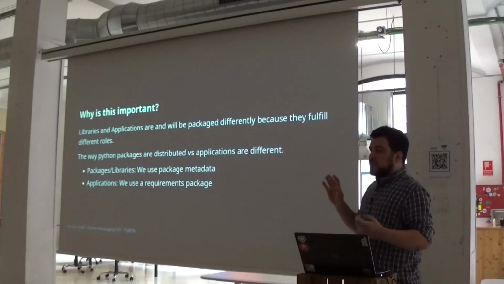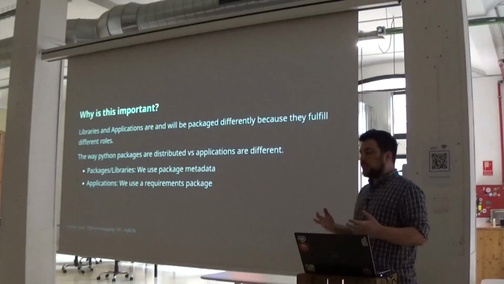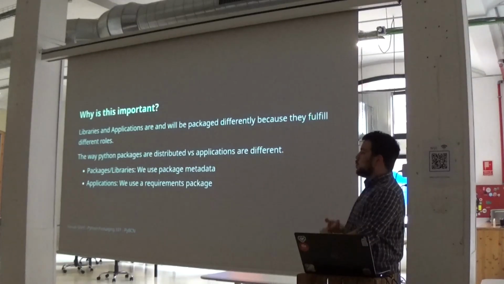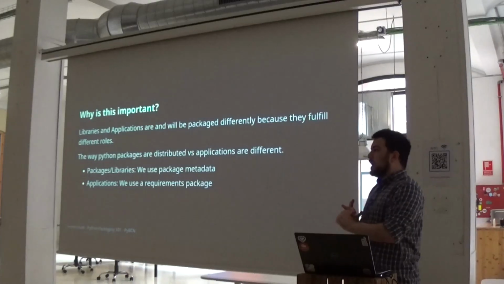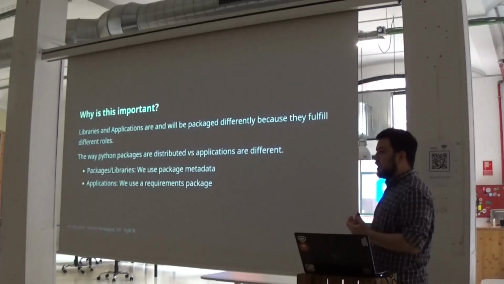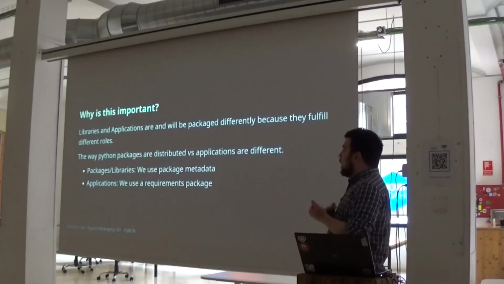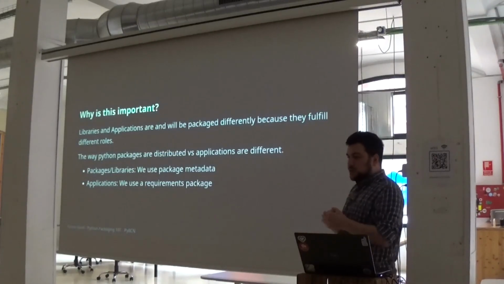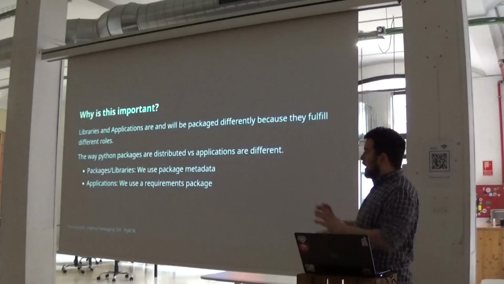For libraries, what's important is the metadata, for example, what other packages they depend on, or what Python version you are allowed to use with this library. While applications are usually installed through a requirements file, and they are meant to be final.